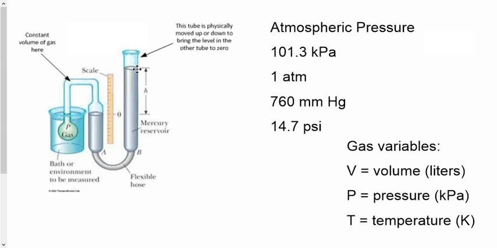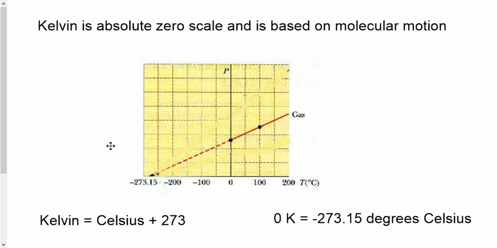So why do we use a mercury thermometer? Well, it's a very useful device to help us get what's called the absolute value scale. So let's take a look at a graph here. A graph of pressure versus temperature is a straight line graph, something you'll be discovering in lab.